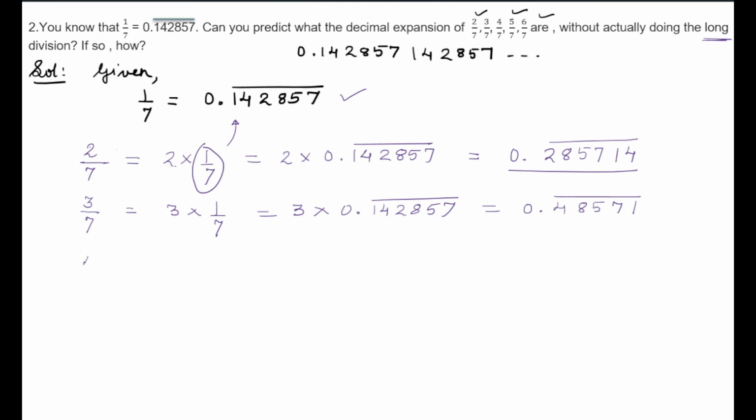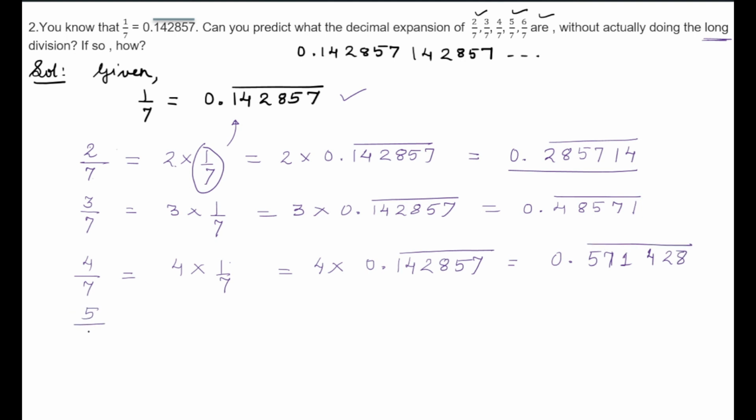Next is the fourth. So 4 into 1 by 7. You write number 4 and in place of 1 by 7, we write its value, again with a bar over it. On multiplying this whole number, we get 0.571428 and a bar over it.